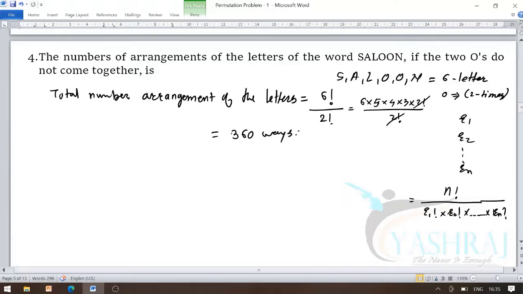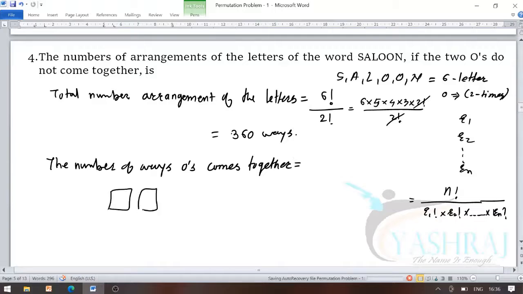Now look once, the number of ways in which the O's come together. Keep in mind, there are 6 letters in the word SALOON. Now we have to find the number of arrangements in which the O's come together.